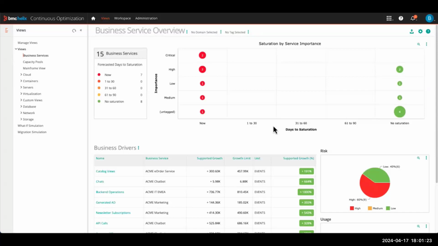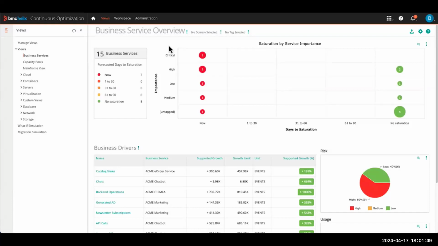And for this, you want to be able to predict and simulate into the future things like additional load or changing environments or seasonality that come with the different business services that you provide. An important tool for that would be the ability to simulate into the future.